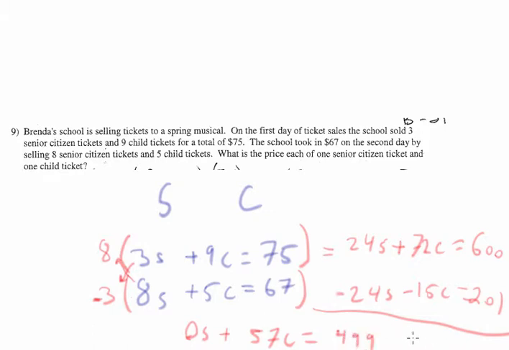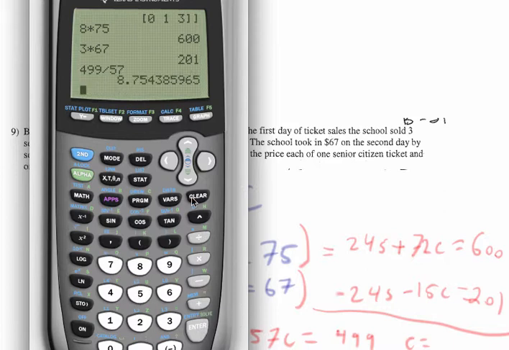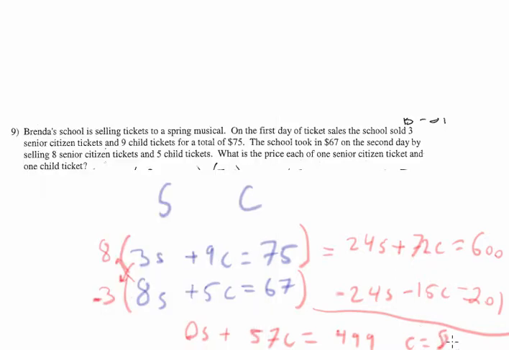So that means one kid's ticket, $499 divided by 57. 8.75, right? So I'll check my work in a bit.